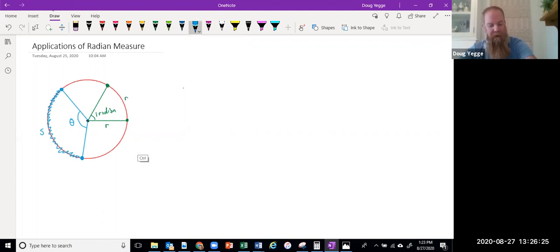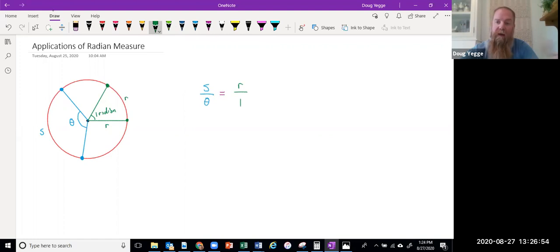So now what we should recognize is that all the lengths of the arcs are proportional to the measures of their interior angles. So we could set up a proportion here that demonstrates that the relationship between S and theta will always be equal to the relationship between r and 1 radian.